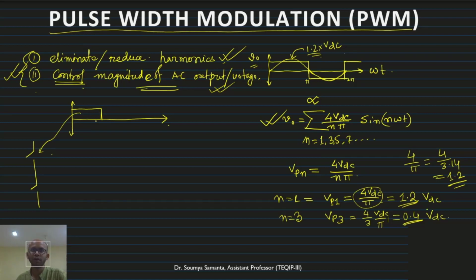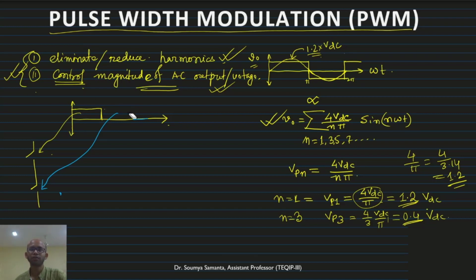Whenever this is 0, the other one will be 1, and then after some delay we get another pulse for switch 2. Whenever this is 1, that is 0, and this way this pulse is given to the other switch. So by controlling this width of the pulse, we can control the output voltage.